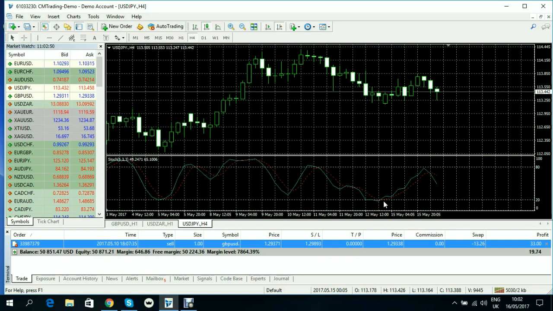Meaning when you enter a trade, you will be entering at a higher rate. So it's always best to make sure that you confirm the stochastic with other indicators before entering the market.